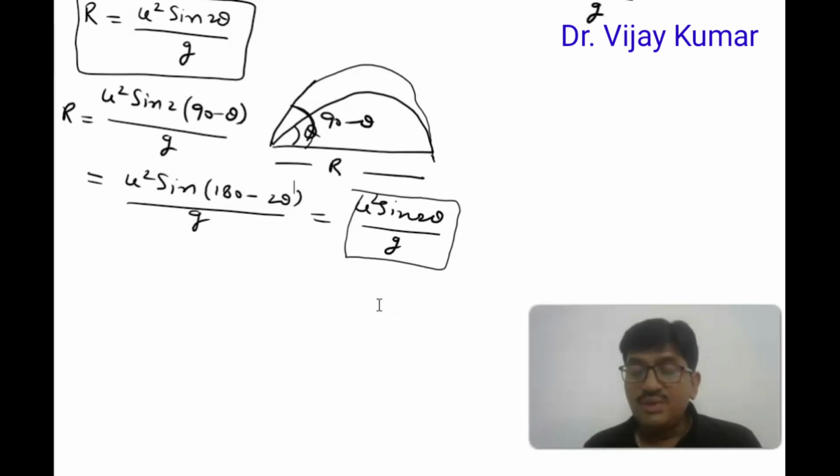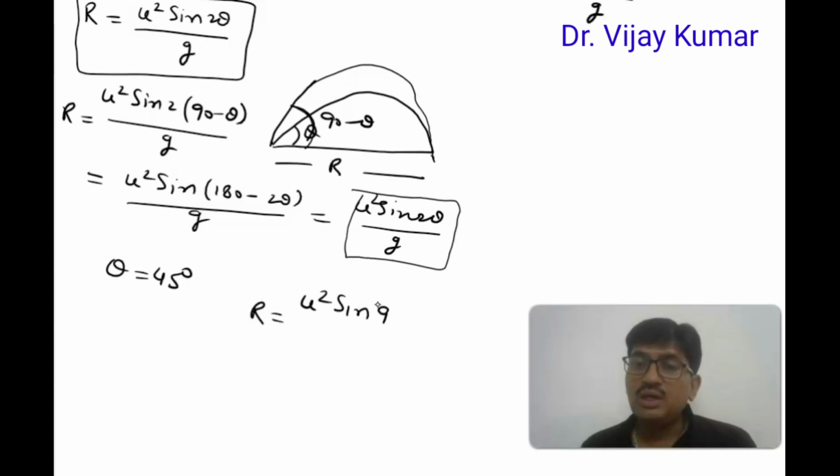This is the first technical point of the range. Second technical point: if theta equals 45 degrees, then the range is u square sin 2 into 45, that is sin 90, upon g, and sin 90 is 1, the maximum value of sine.